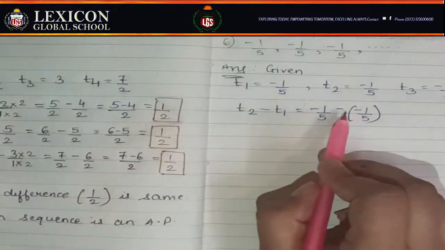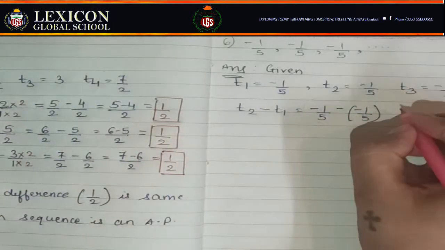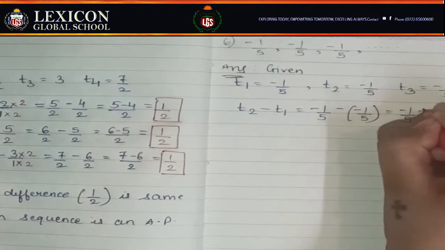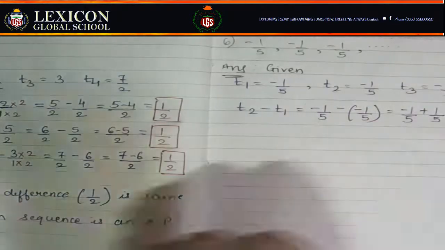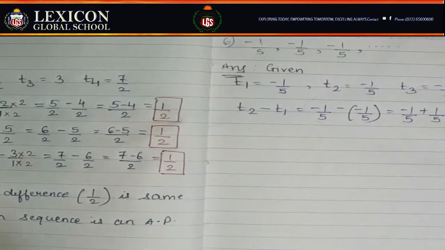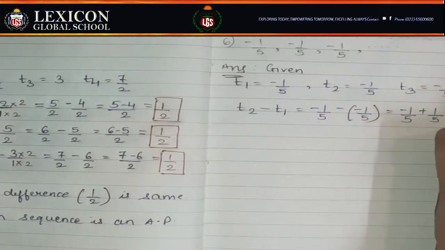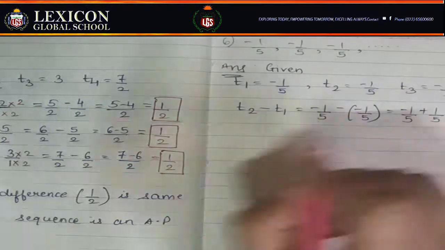As we have studied earlier, minus and minus will give me plus. So minus 1 upon 5 plus 1 upon 5. We don't have to take out the LCM as the denominators are the same. So minus 1 plus 1 upon 5. Minus 1 plus 1 is 0 upon 5.